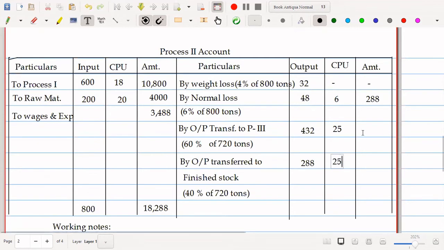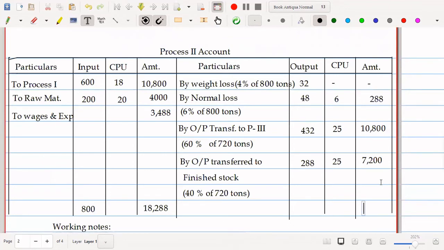So what will be the total amount? 432 into 25 comes to 10,800, and this amount comes to 7,200. When we total it, let's check here. 10,800, 7,200.